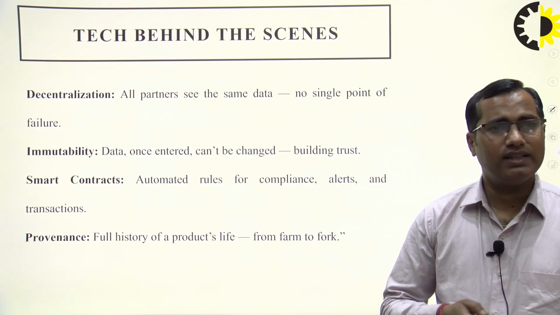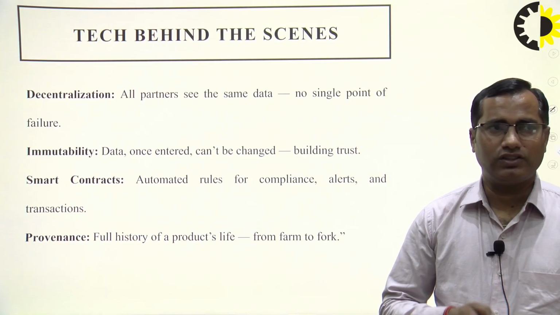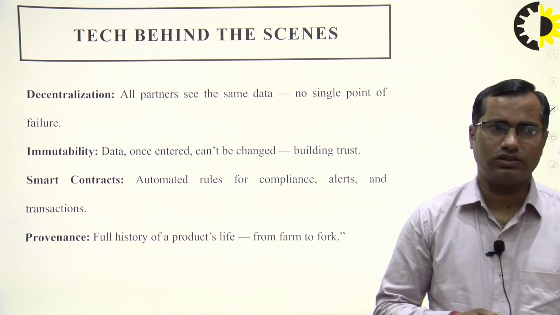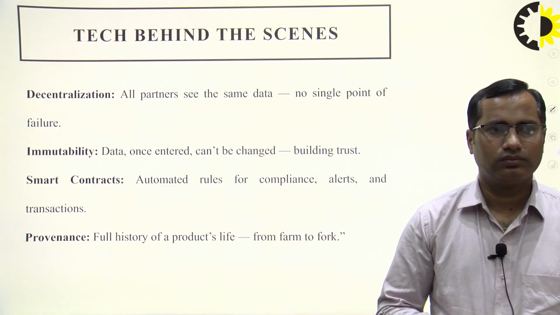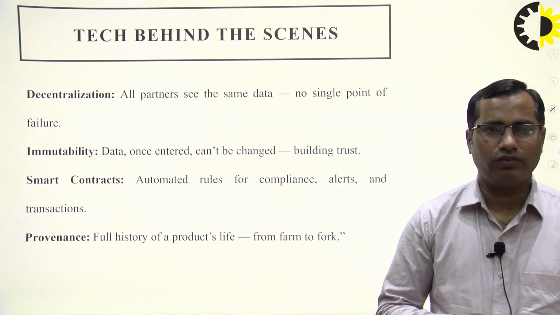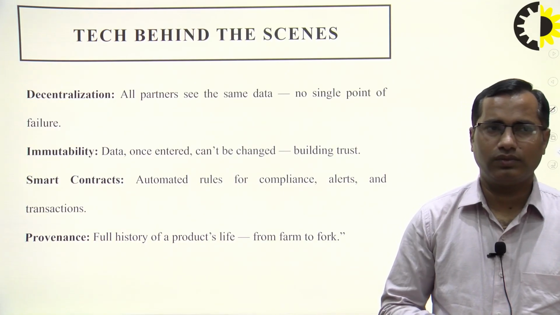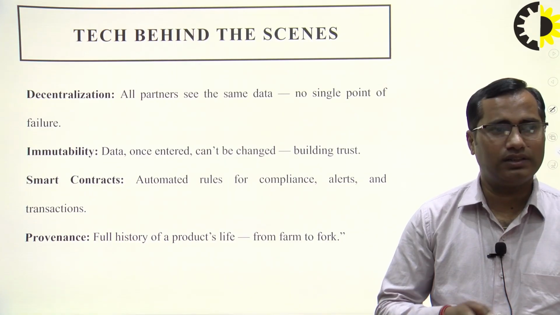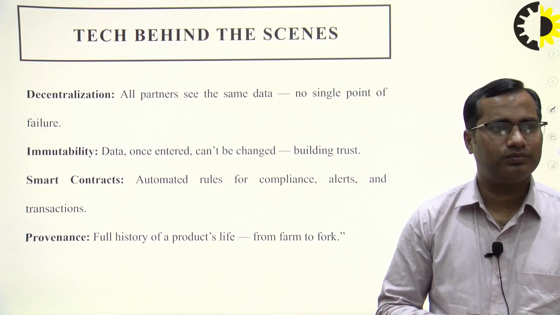So decentralization is the key that is working behind this blockchain technology. Then there is immutability. Once the data is entered into this system, it cannot be changed. That builds trust.